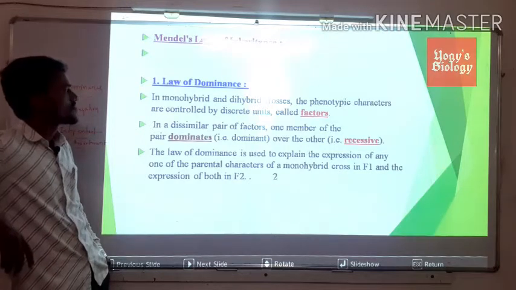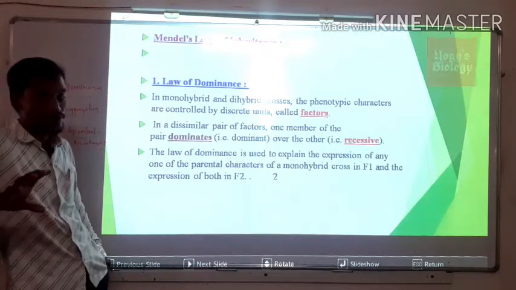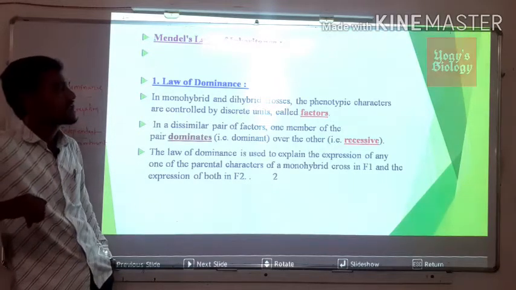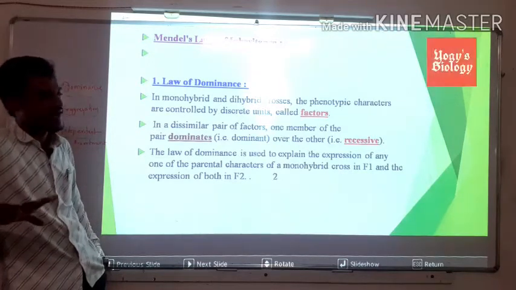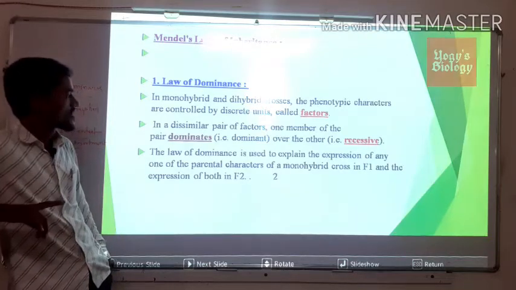In monohybrid and dihybrid crosses, the phenotypic characters are controlled by discrete units, and these units are called factors.